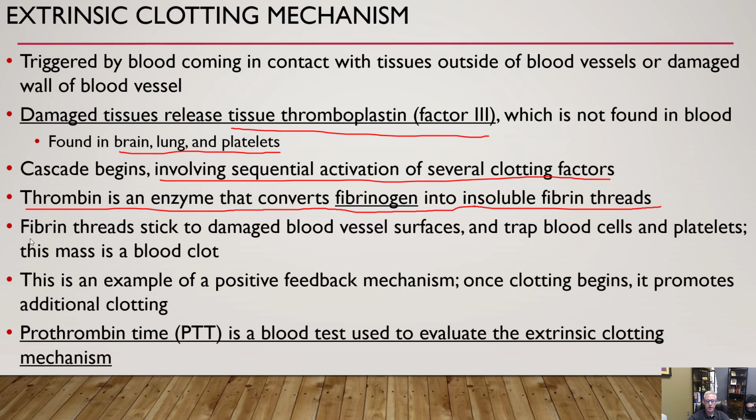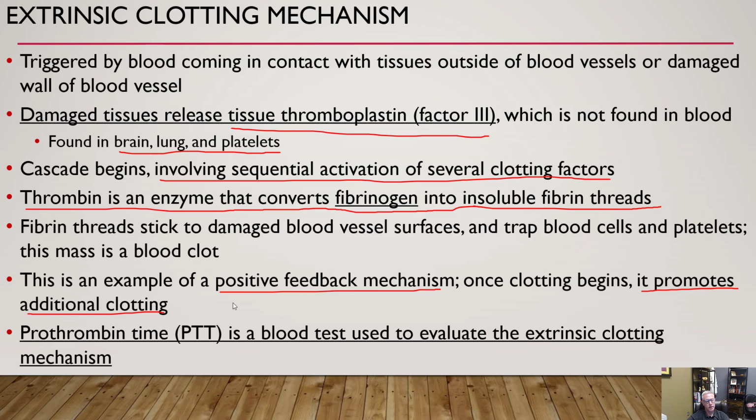Fibrin threads are going to stick to the damaged blood vessels, trap blood cells and platelets. This is another example of positive feedback, where we're going to make it worse, make it worse, in hopes that the body resets itself. So we're going to clot, we're going to clot, and we're going to clot. It's going to promote additional clotting.